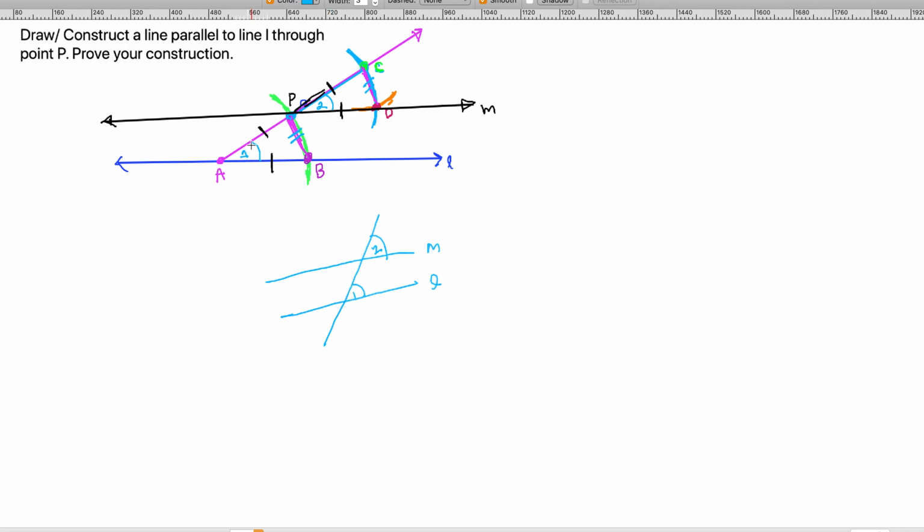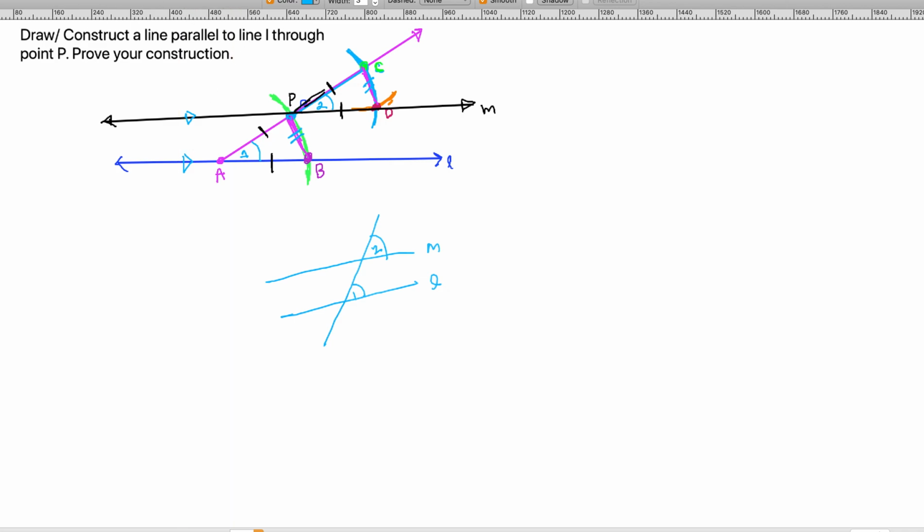So back to this diagram, 1 is congruent to 2 by CPCTC. Corresponding parts of congruent triangles are congruent. 1 corresponds with 2, and these two triangles are congruent. Therefore, 1 is congruent to 2. And these two angles in this picture are corresponding. And if corresponding angles are congruent, then the lines are parallel. And this guarantees that the lines are parallel.